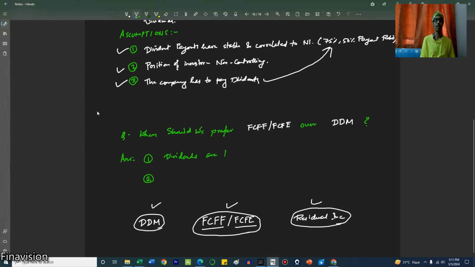Dividends are highly varying and R, that is correlation with respect to profit, is very low. Second is, it might be a case where the company is not paying dividends at all. So you have no data of dividends to measure the valuation from dividends. No dividends.